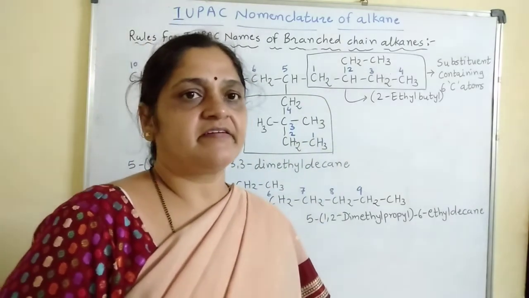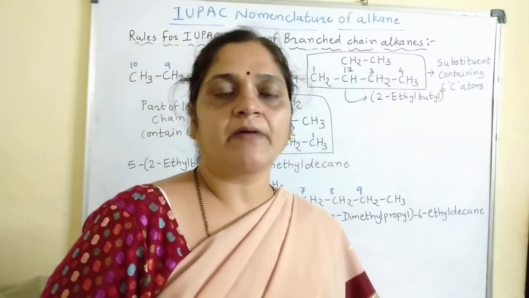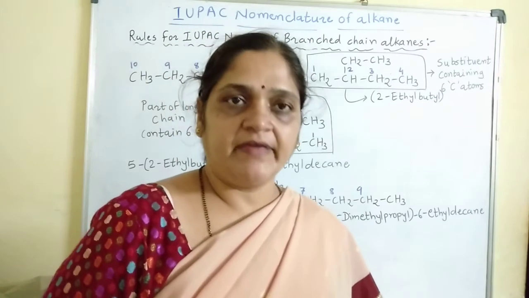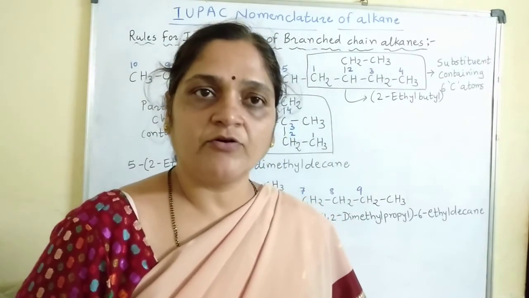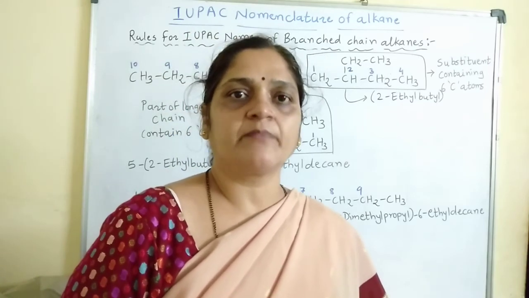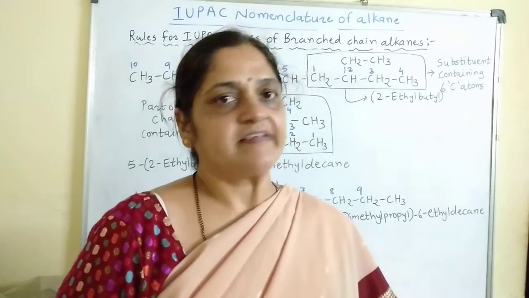Now, when such a condition is there, and the complex substituents have an equal number of carbon atoms, then always the complex substituent containing more alkyl groups will form the part of the longest carbon chain, and the other group we will consider as a substituent.